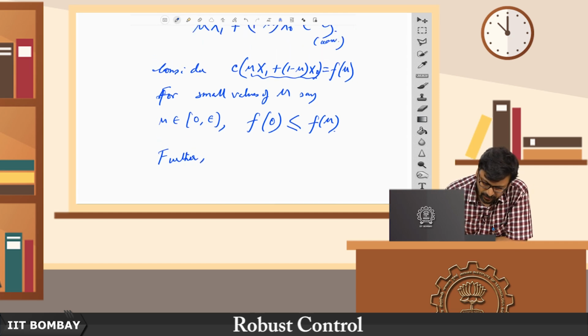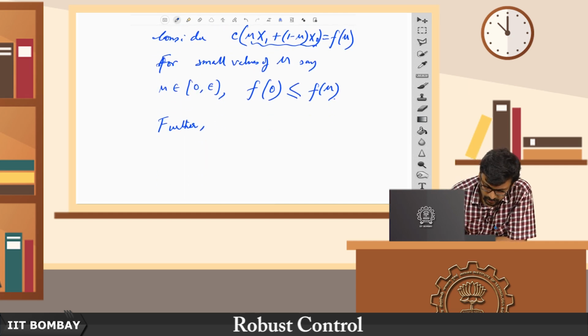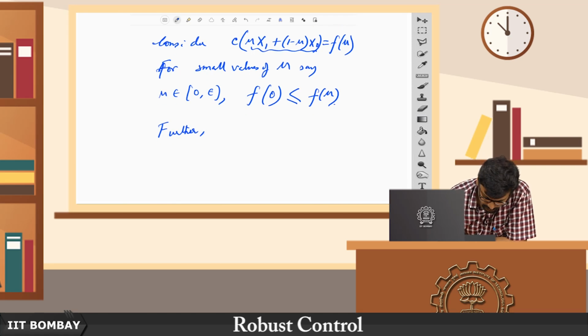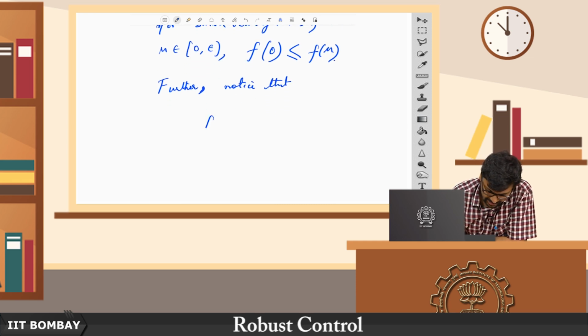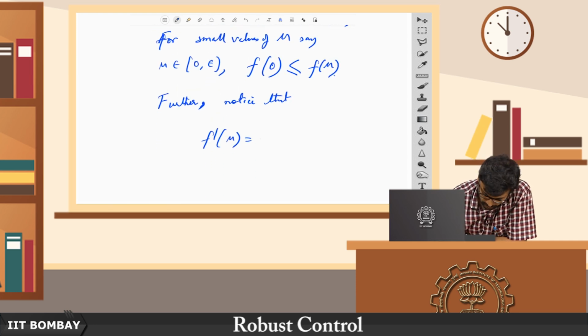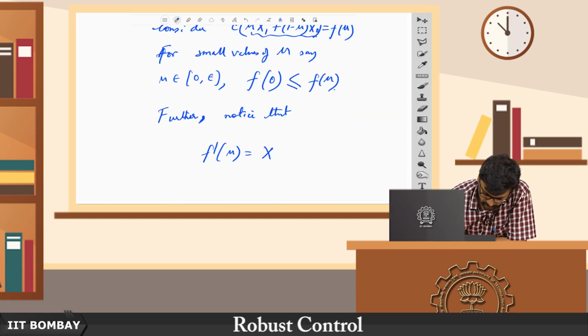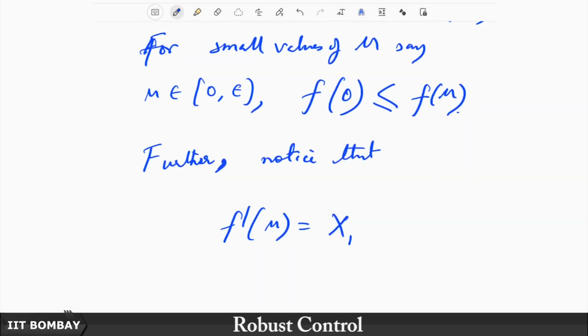Further, since this is an affine function in mu, what can we say about this? Further, notice that f dashed mu is equal to, if you are differentiating with respect to the scalar, just x1 minus x naught.